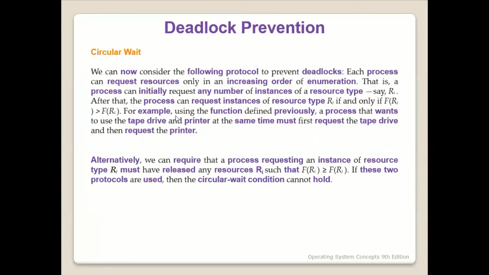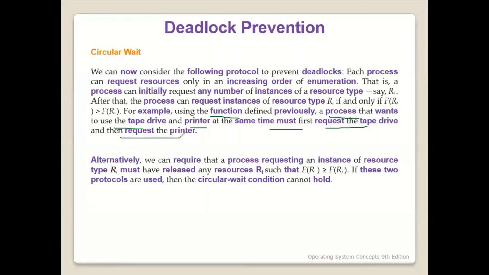So this is what is mentioned here. For example, using the function defined previously, a process that wants to use the tape drive and, let's say, the printer at the same time, why not? No problem. But it first requests the tape drive and then it needs to request the printer. Why first the tape drive? Why not the printer? Increasing order: the one with the smaller number has to be requested first.